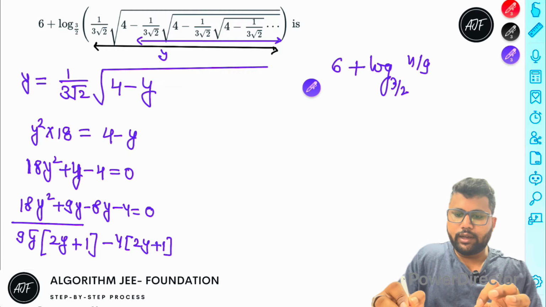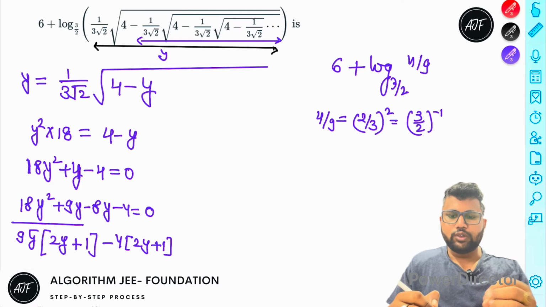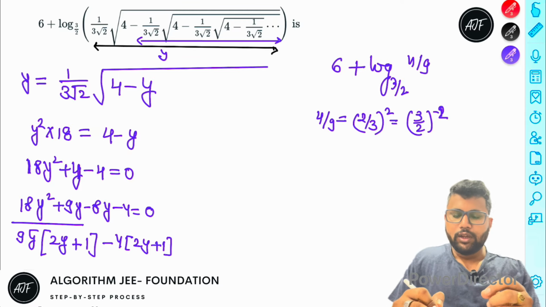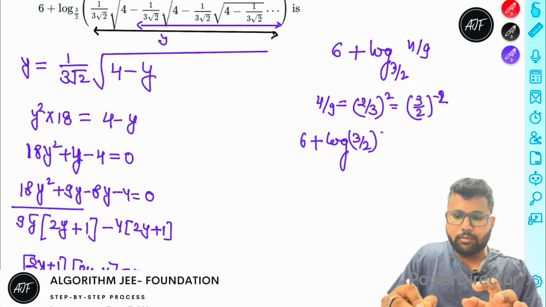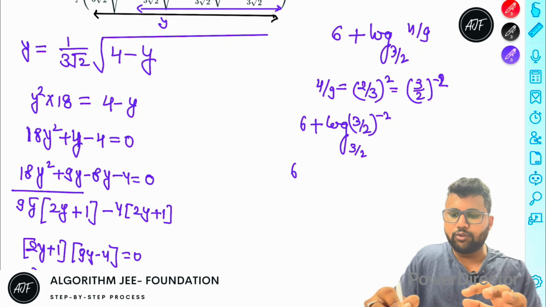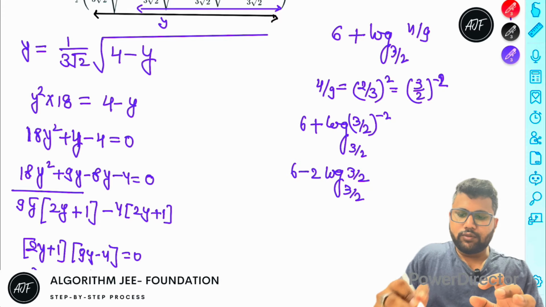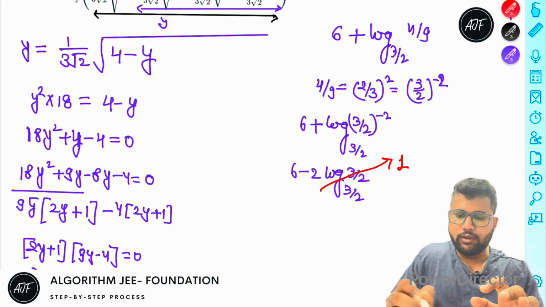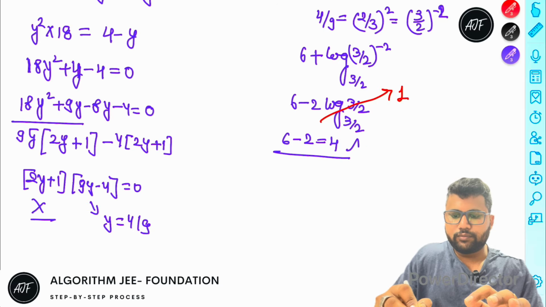Now 4 by 9 can be represented as 2 by 3 whole square, and the same is 3 by 2 power minus 2. So in log base 3 by 2, we have 3 by 2 power minus 2. Why convert? Because the base value is the same, so minus 2 shifts to this side. Then log base 3 by 2 of 3 by 2 is directly 1, so your question is only 6 minus 2, which is equal to 4, the answer.